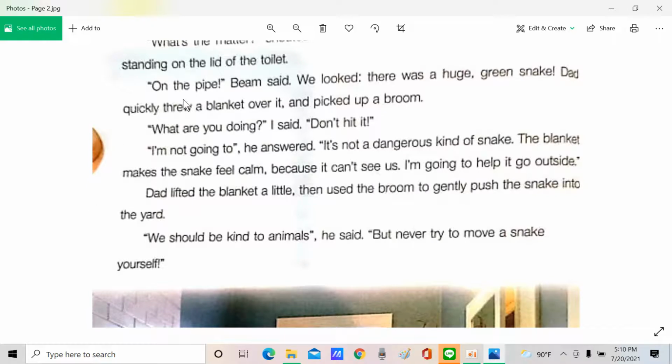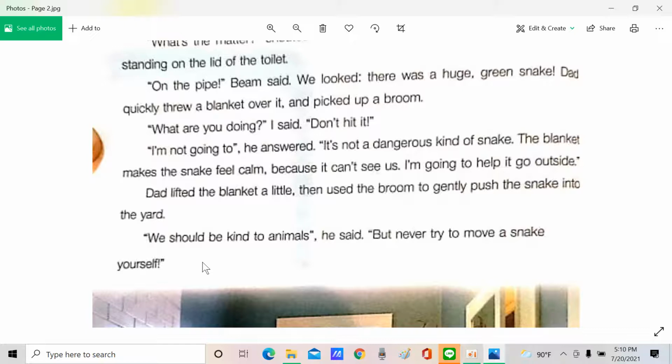And their dad said, we should be kind to animals, but never try to move a snake yourself. It means if you are all alone by yourself, you should not move or touch or hit the snake by yourself because it might bite you. You might be in danger.